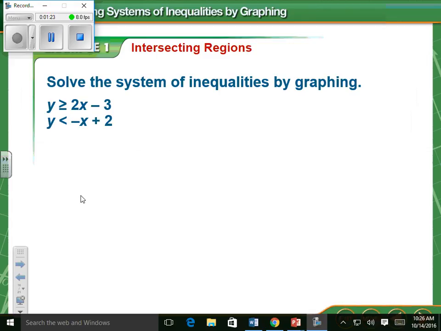So here, this is the system of inequalities we're going to use for our first example. We have y greater than or equal to 2x minus 3 and y less than negative x plus 2.